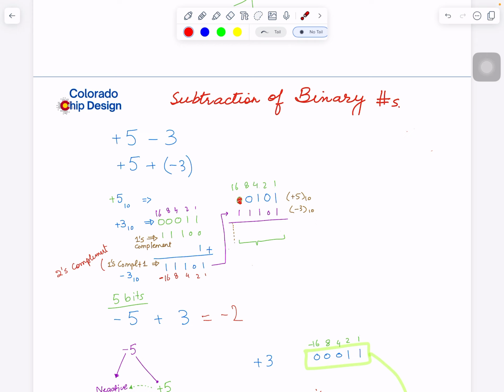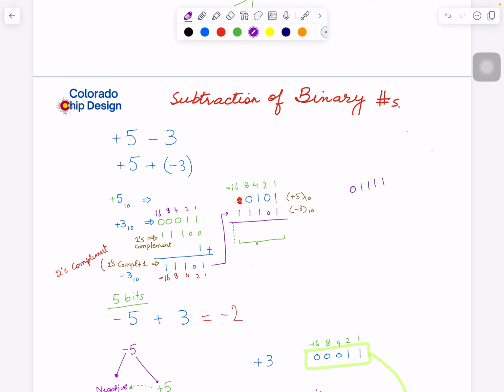Now this thing is minus. It doesn't matter for this case because there's no 1 here. So in the 2's complement, if it is 5 bits, the most positive number is this.